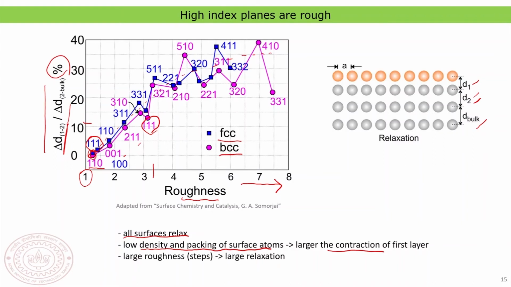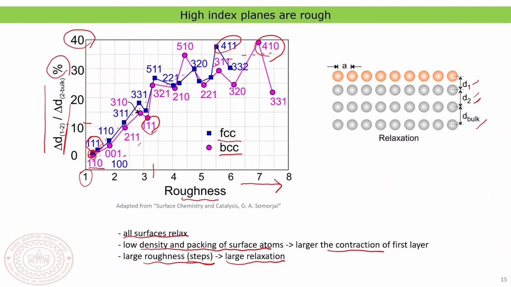And the large roughness is also related to a larger number of steps and kinks, which is what we discussed for the high index surfaces. You can see that the relaxation goes in the order of about 40% or so. This is quite a lot compared to the bulk lattice. So whenever you have surfaces with steps and kinks, you will have very large relaxation associated with that.